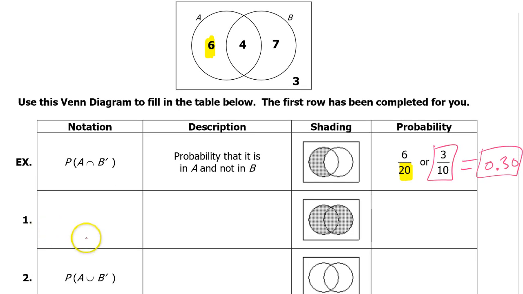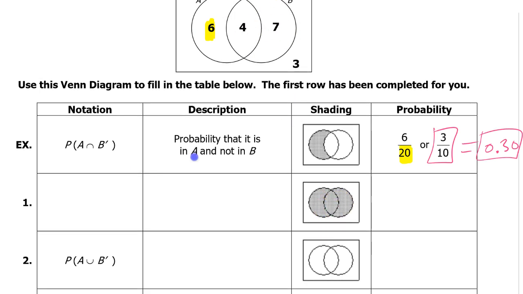So for problem number 1, we're given the shading. So what is this? This is a shading of A or B, because I see that all of circle A, all of circle B is shaded.